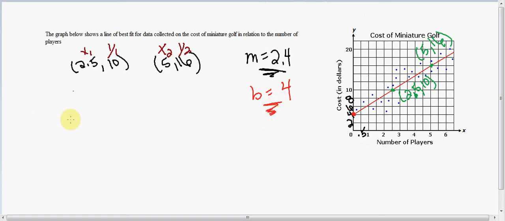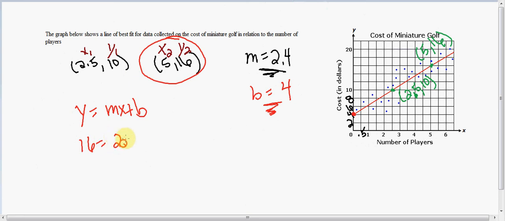Or if I was uncertain, I could always take one of my points. I want to take 5, 16, and I can use the slope-intercept formula, y equals mx plus b, to find b. So let's do that just for practice. So I'm going to take my y2 and plug it in for y, which is 16. The slope is 2.4. 5 is x from the ordered pair up there, and then plus the y-intercept, which is what I'm trying to find.